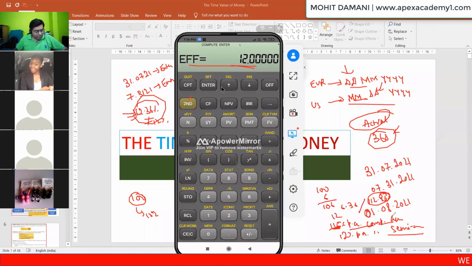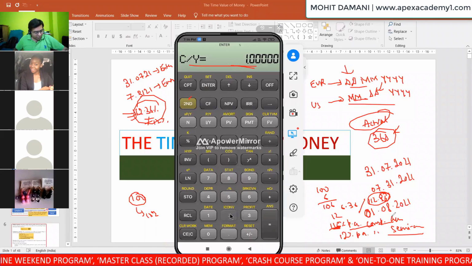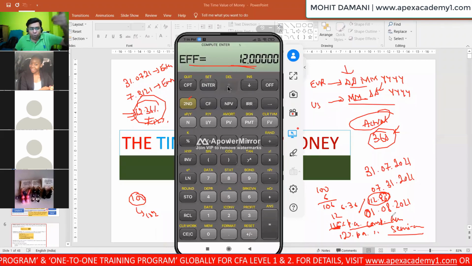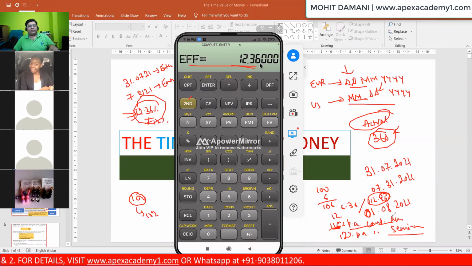Now suppose I enter 12 here and move down to the second situation, compounded semi-annually. How many times will compounding happen? Twice. So I press 2 and then enter, then I press arrow up to come to effective, and if I press compute, see 12.36 is coming.